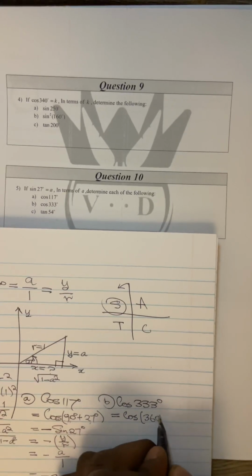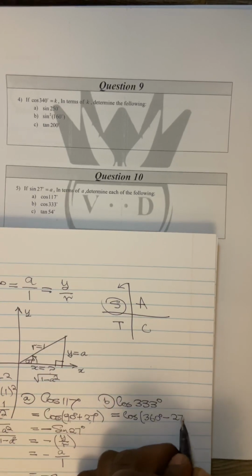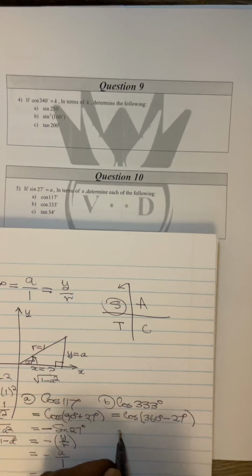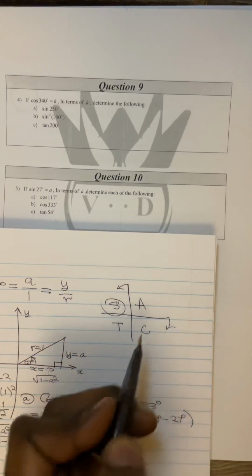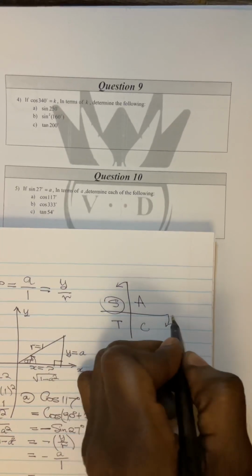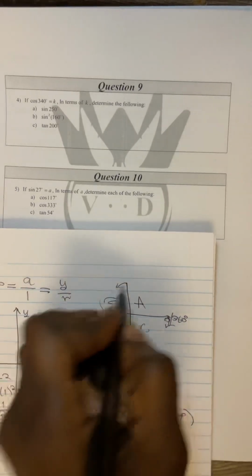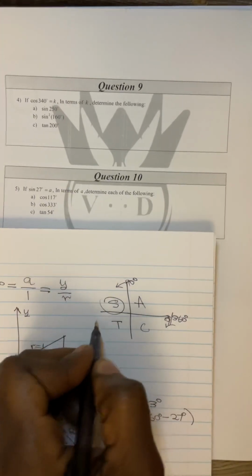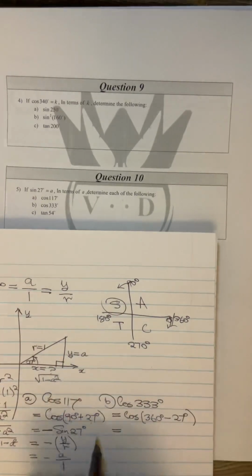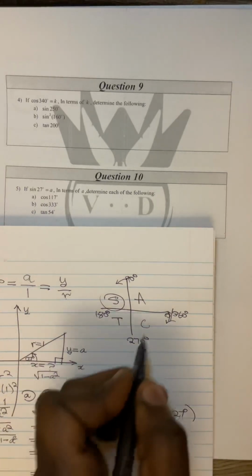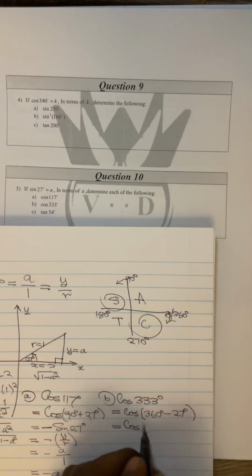We can use 360 minus the angle, which is 27 degrees. We have therefore 360 minus is simply the fourth quadrant. We have 360 here, 0 to 360 degrees. We have 90, we have 180, we have 270. So therefore we have this on the fourth quadrant, it's only cos which is positive, therefore we have cos of 27.